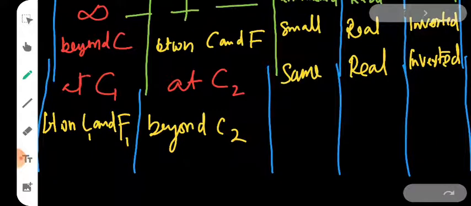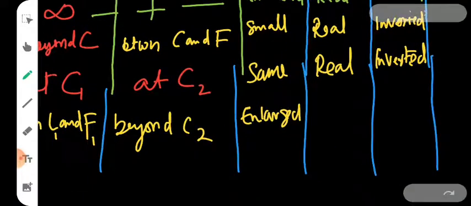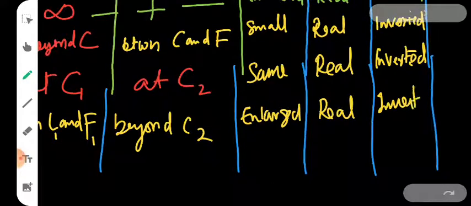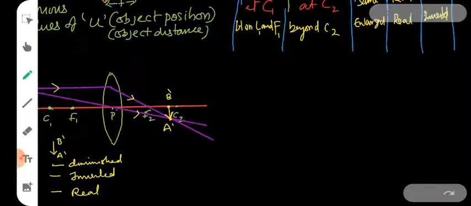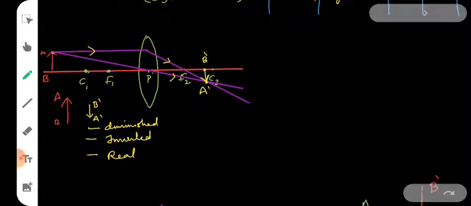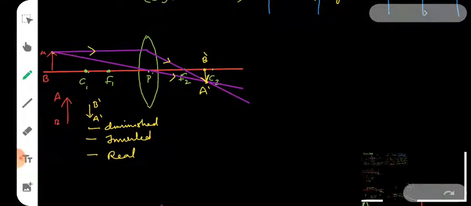Nature: the image was enlarged, real, of course, and inverted. So you have this. What else do we have here?